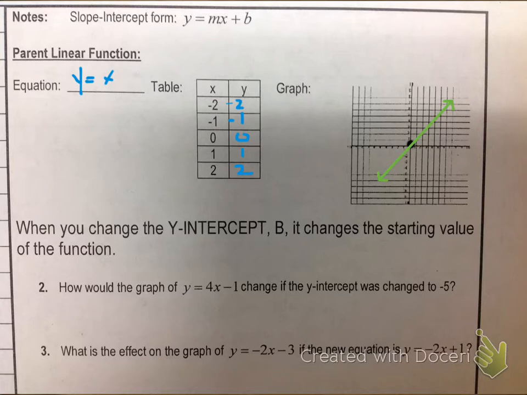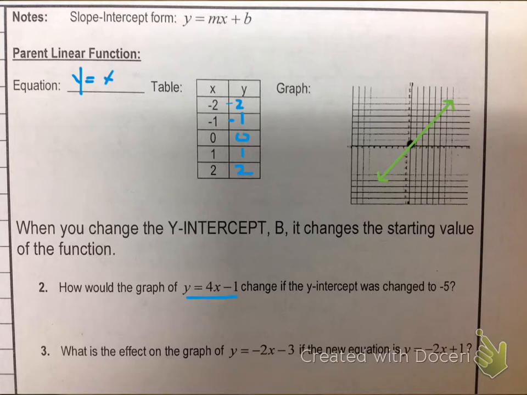Okay. So now it's asking, when you change the y-intercept or the b, it changes the starting value of the function. How would the graph of y equals 4x minus 1 change if the y-intercept was changed to negative 5? Looking at this equation, what is our y-intercept?